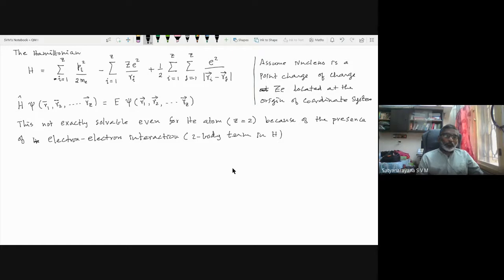So option 1 is to ignore the electron-electron interaction. Let us try to understand how wise this option is. For that, let's consider the helium atom.